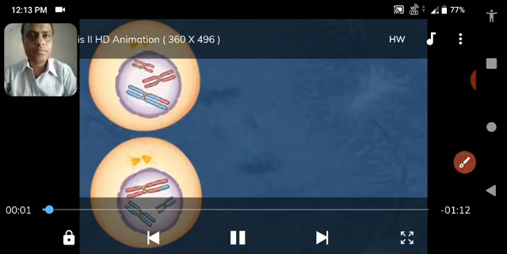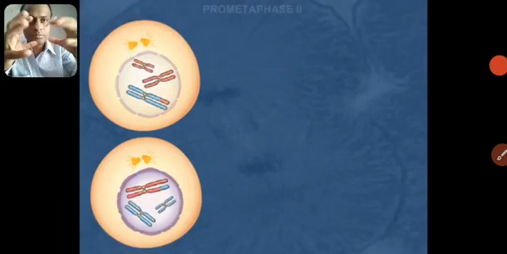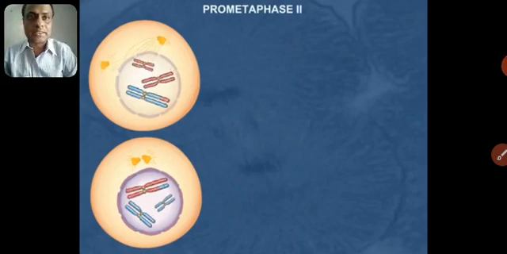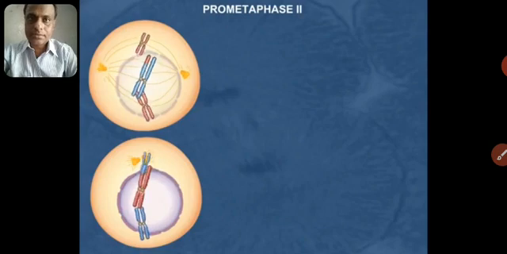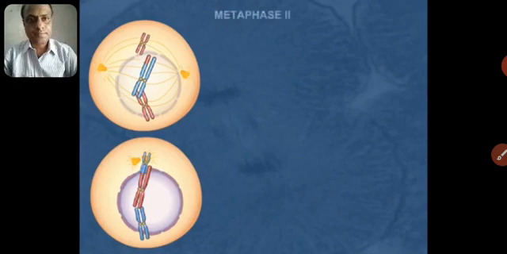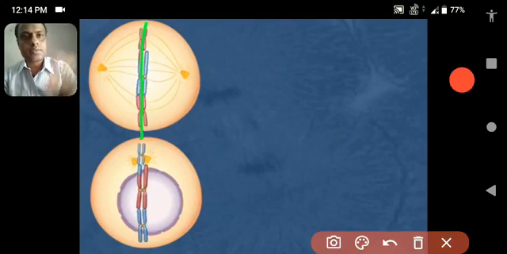At prophase 2, the chromosomes condense again, and the nuclear membrane vesiculates. During prometaphase 2, the spindle apparatus forms, and the sister chromatids become attached to kinetochore microtubules. In this case, a pair of sister chromatids is attached to both poles, not just one pole as in prometaphase 1. At metaphase 2, the sister chromatids are aligned along the metaphase plate, with each chromatid being attached to one pole.